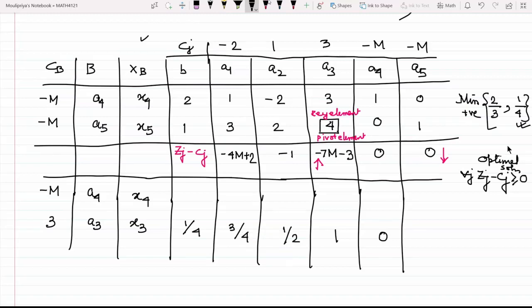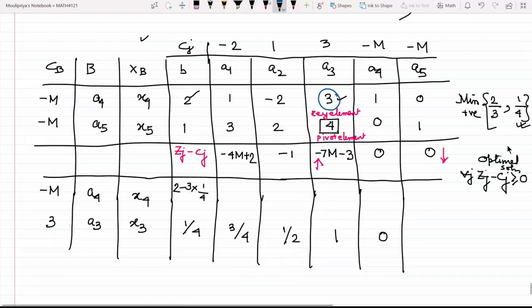Am I okay with this? Yes, ma'am. Okay, now tell me, how do we obtain the remaining elements of the first row? The element in the first row corresponding to the key element is 3. So what is the rule for finding the element of B in the first row? Initially, what was in that position? This was initially occupied by 2 minus 3 into 1 by 4.